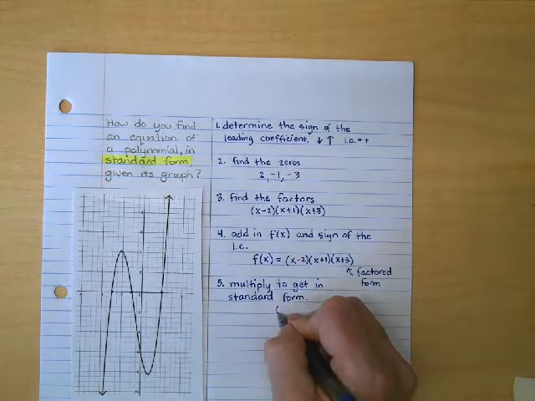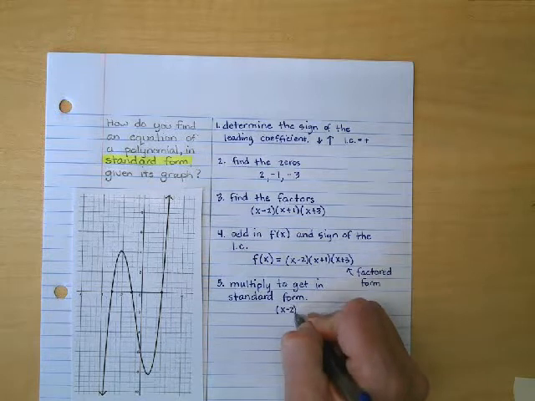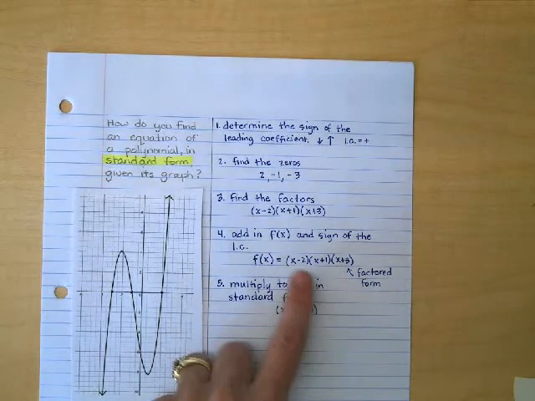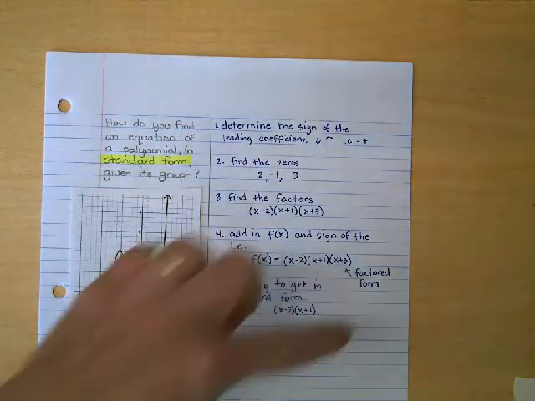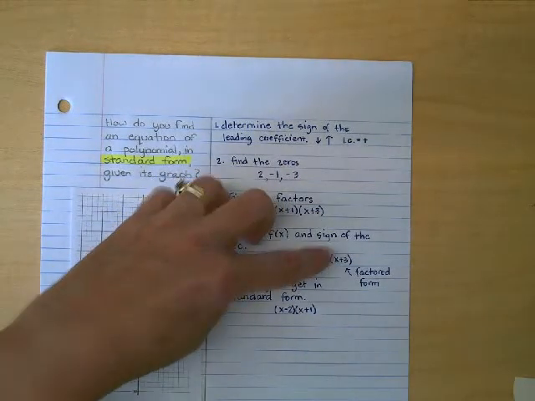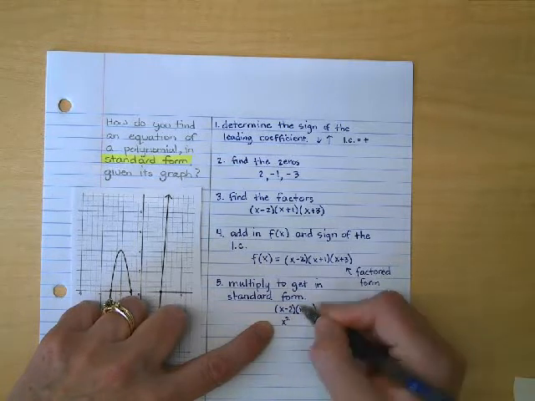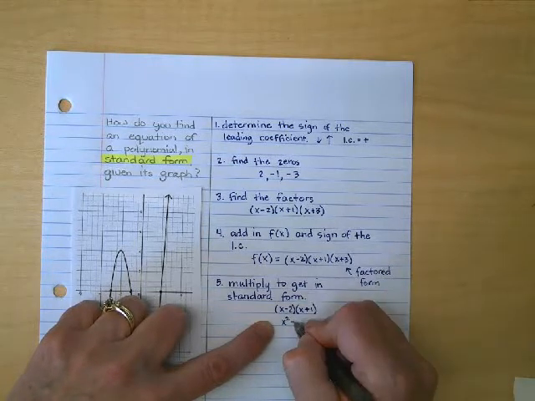I'm going to do x minus 2 times x plus 1. Remember, you can multiply any two of these together at first, so I'm just going to do those two. That's going to give me x squared plus x minus 2x.